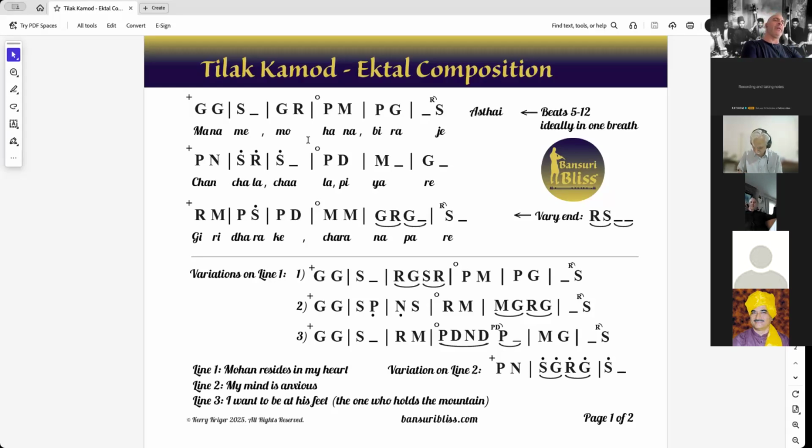Generally speaking, the gamak is going to be the closest note to the main note that you can use, probably from above. Now that time I naturally did a ni pa. You could do sa pa, you could do ni pa, you could do da pa on that first note.